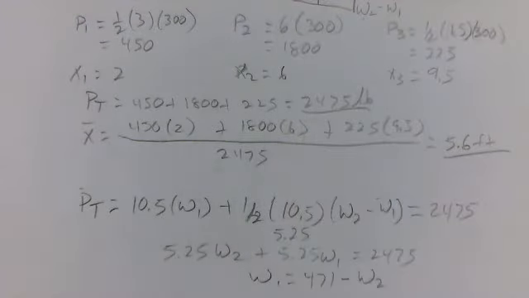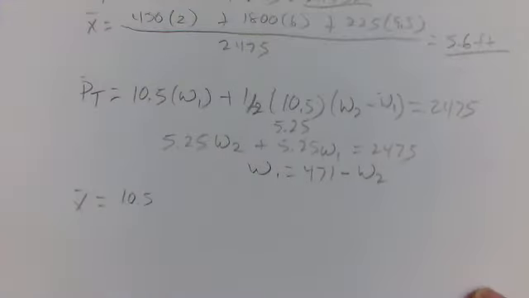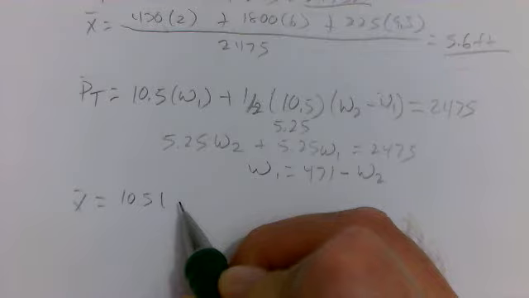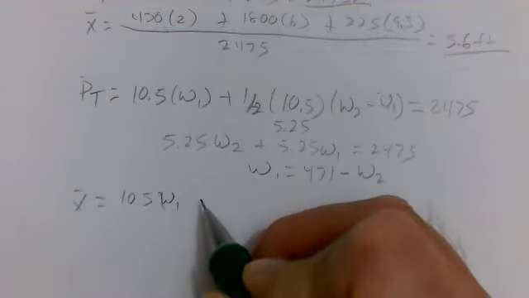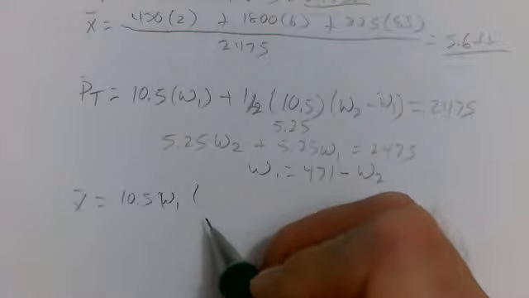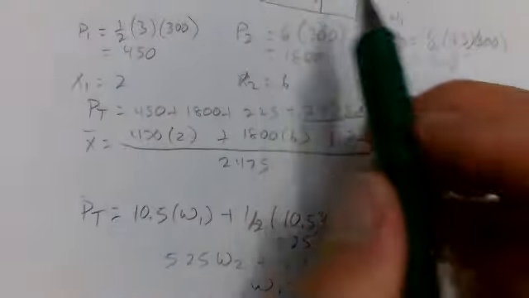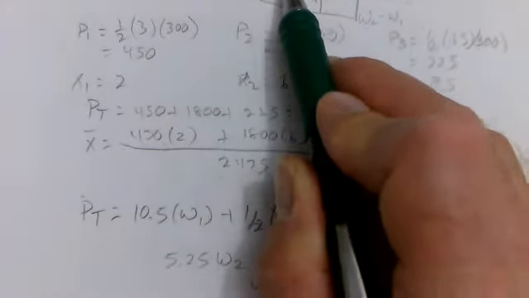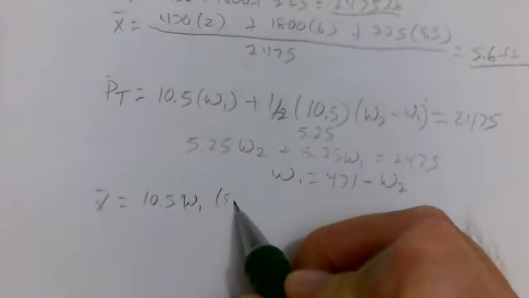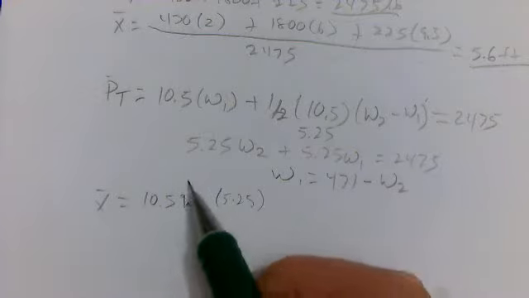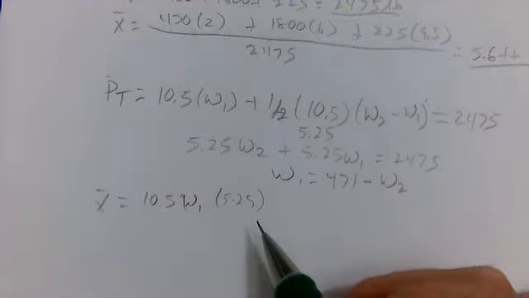So the area is 10.5 W1 times the location, half of that, so 5.25. Again, we're multiplying load times distance.